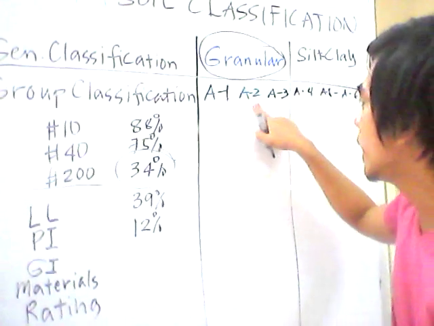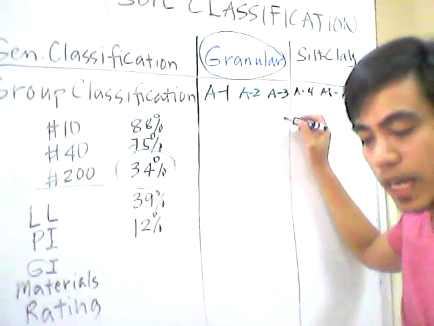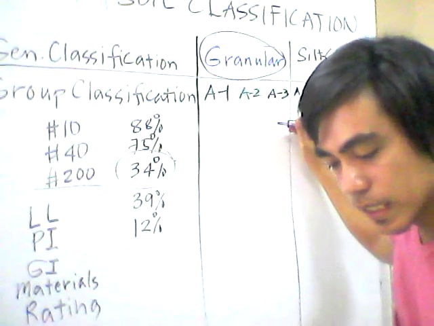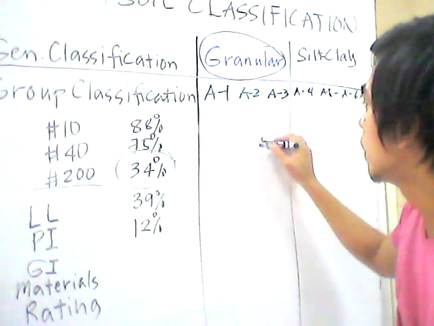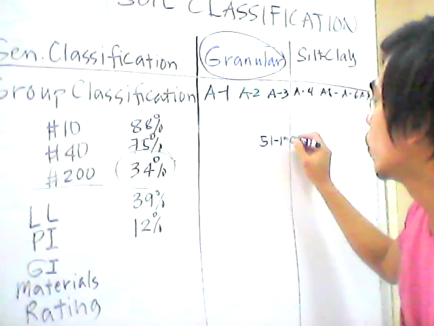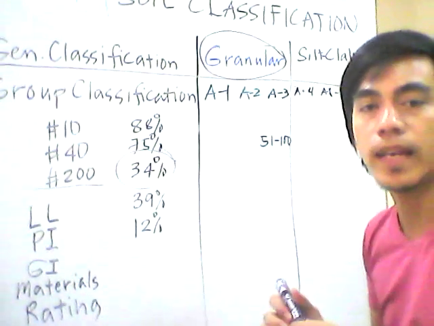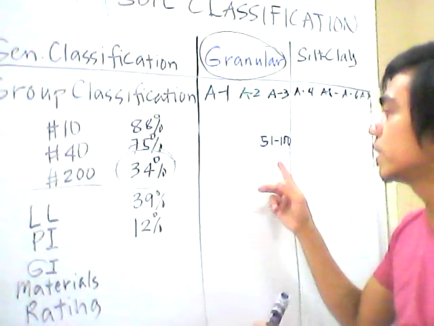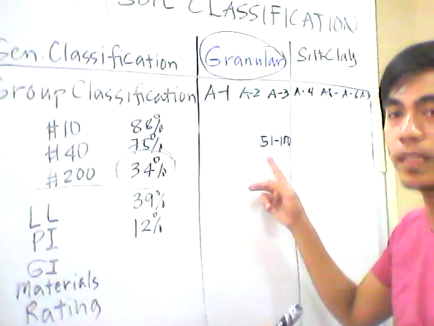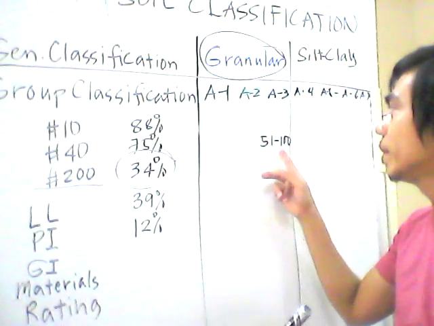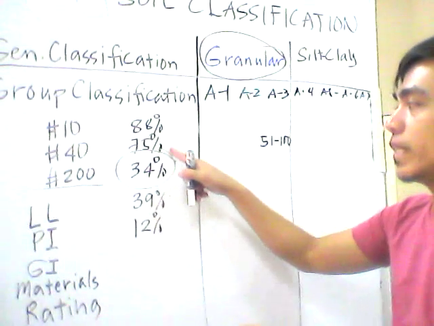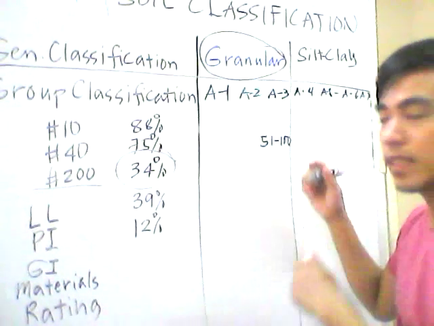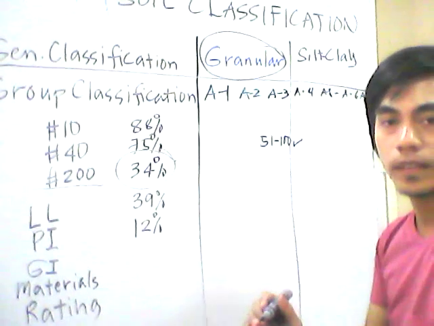We have A-3 first. A-3 requires number 40 from 51 to 100. Again, AASHTO requires the percent passing number 40 from 51 to 100%. From our data, we have 75%. So this requirement is satisfied.